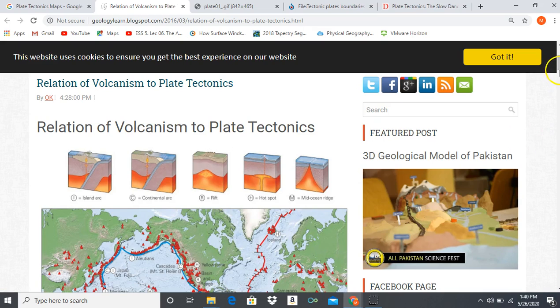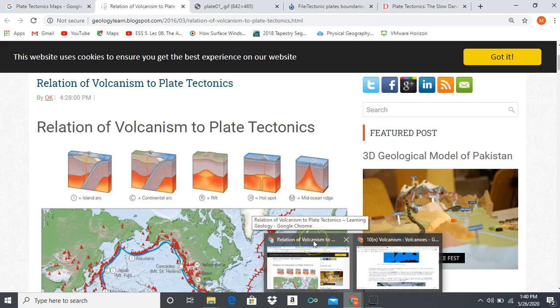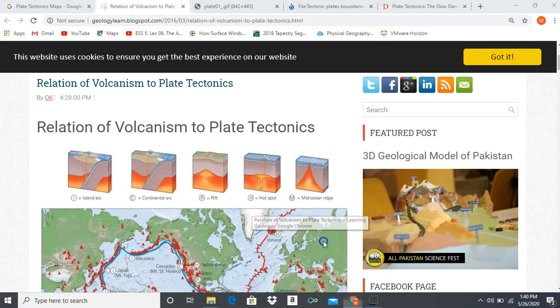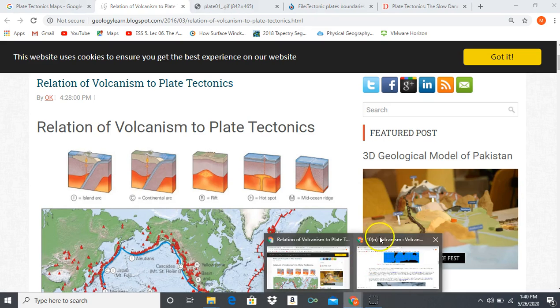There are a variety of types of volcanoes, depending upon whether we talk about shield volcanoes versus composite volcanoes or cinder cones. In your readings, I'll go back there real quick. Here it is.